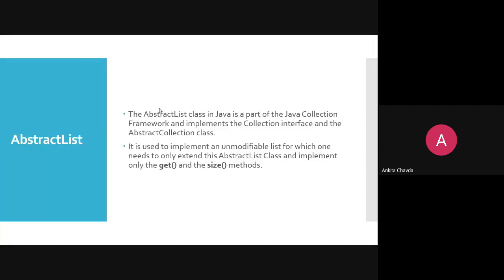Internally, it has the AbstractCollection class. It is used to implement an unmodifiable list, for which one needs to only extend this AbstractList class and implement only the get and size methods. These methods you need to override, right, in ArrayList, or in Vector, or in LinkedList.